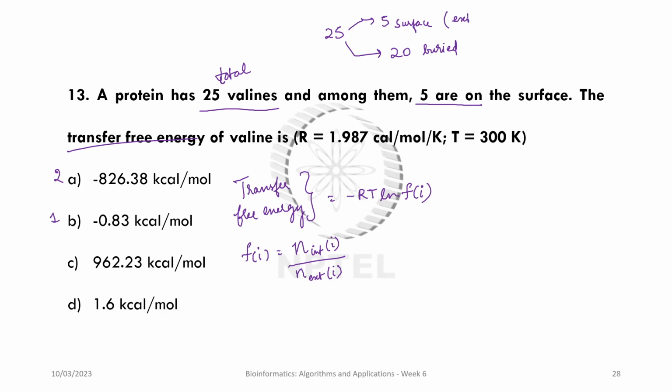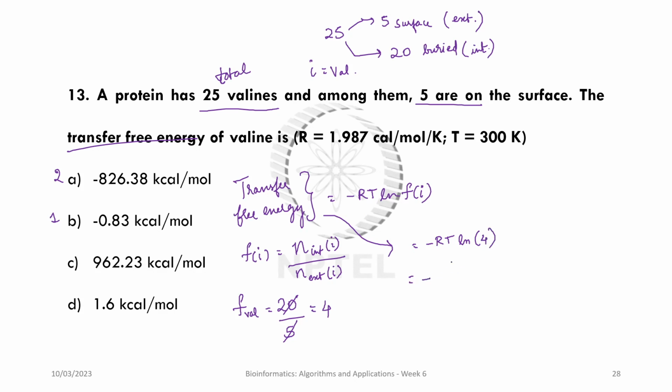So surface would be exterior, buried will be the interior count, and i here is valine. So f of valine would be number of interior, 20, divided by number of exterior, 5. 5 fours are 20. So what does that give you? It is equal to minus RT ln 4.